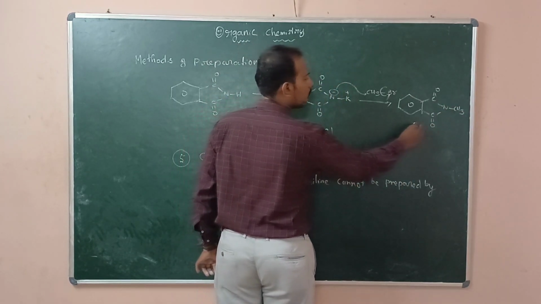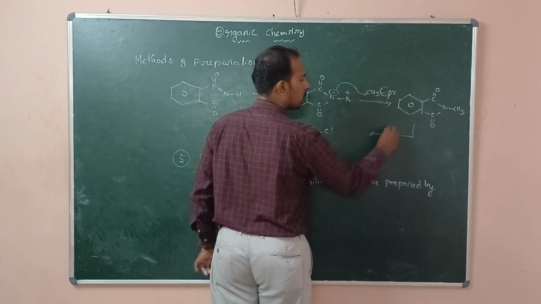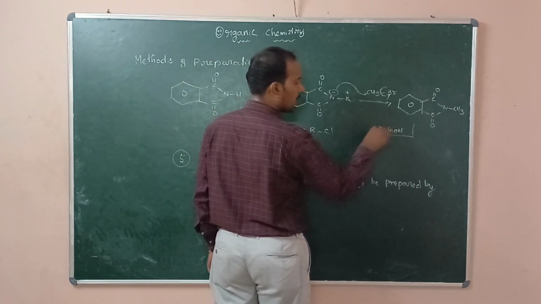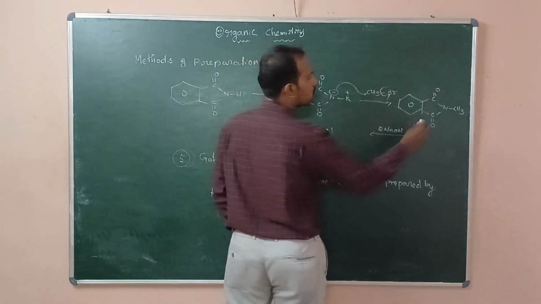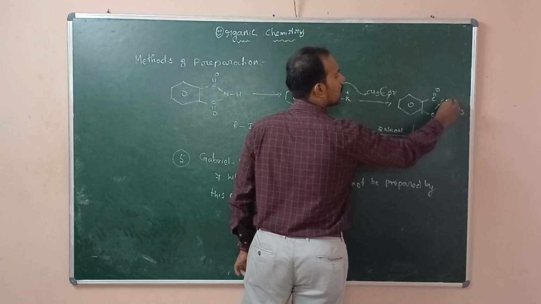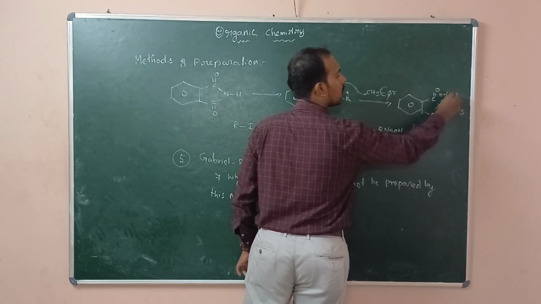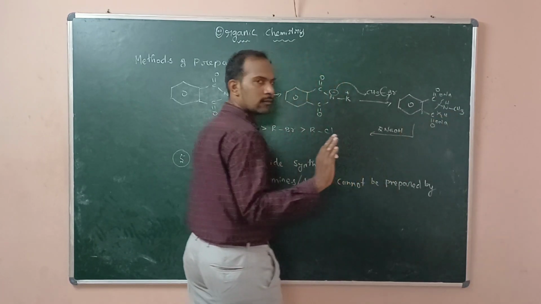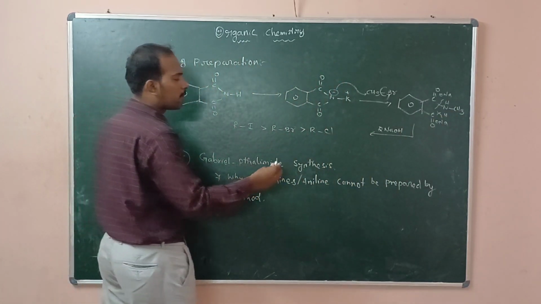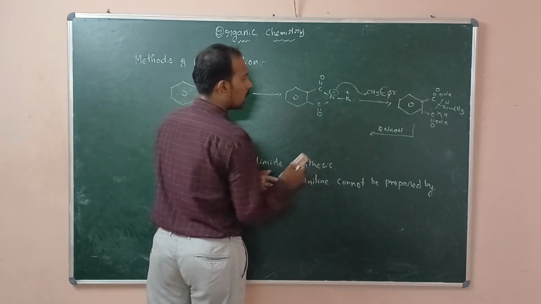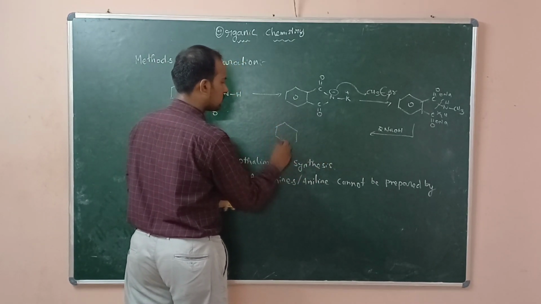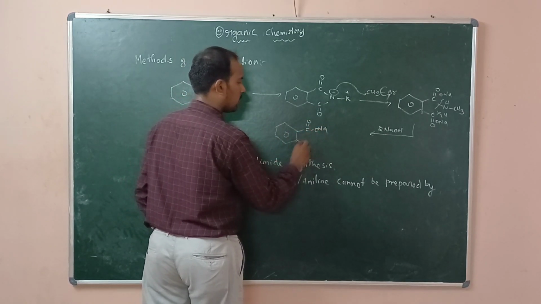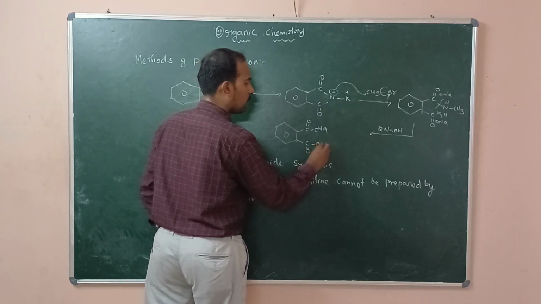Add aqueous sodium hydroxide, NaOH. We have to add 2 moles of NaOH. Then we get the product: break the bond, give H, give ONa, and break the bond, give H, here ONa. So in the product, benzene C double bond O, ONa, here C double bond O, ONa.